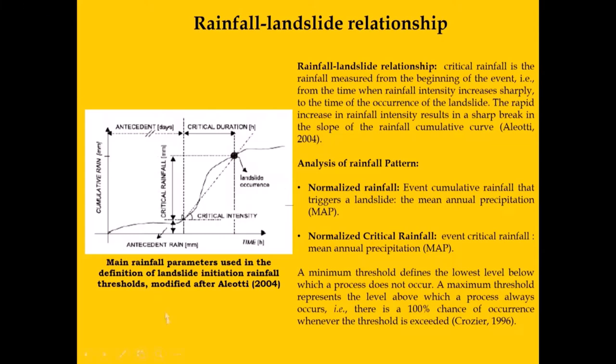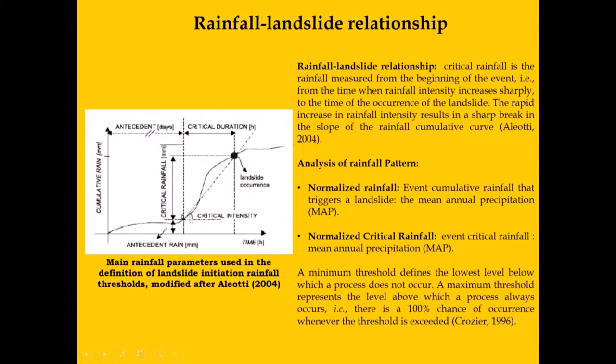So that's how we need to understand this graph. This is where the landslide in real terms has happened, and this is how the rainfall goes up. This is cumulative rain in millimeters, and this axis is time. The monsoon continues, rainfall goes like this, and there is a sharp rise. The monsoon peaks with a sharp rise in rainfall, and that continues up to this spot, where at this time the landslide happens.